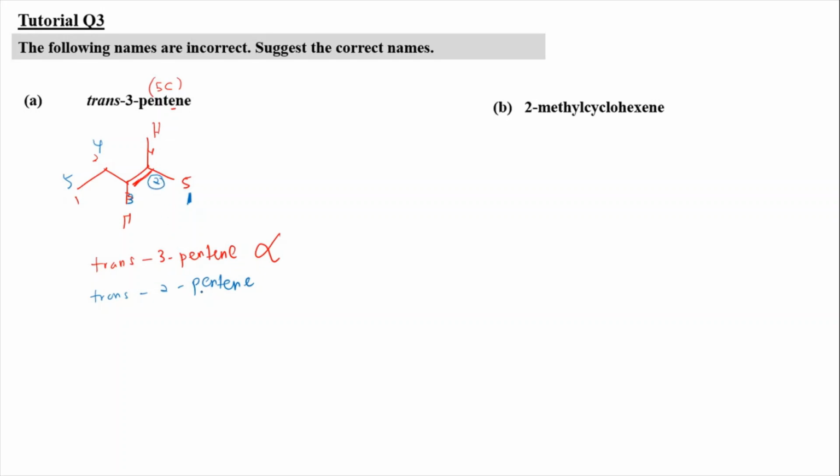So the carbon-carbon double bond is attached at 2 and 3 instead of 3 and 4. So I will take number 2 here, at carbon number 2 and carbon number 3, and I will take the smallest number as the naming, not 3 and 4. So 3 and 4, the one in red, is wrong.